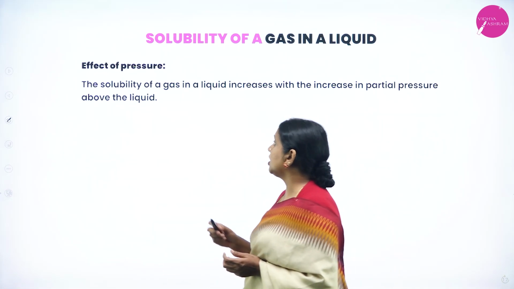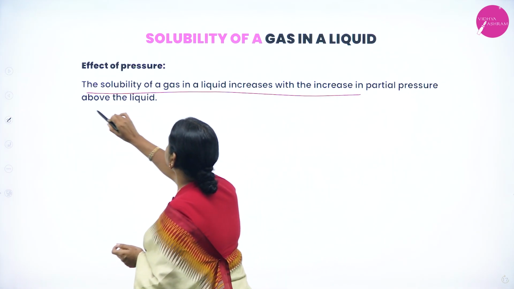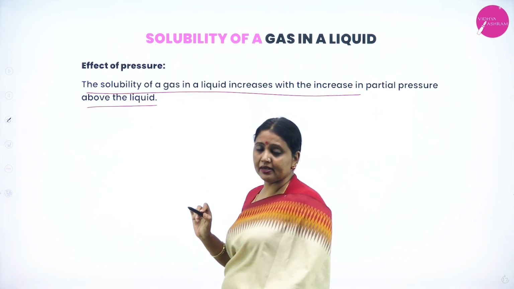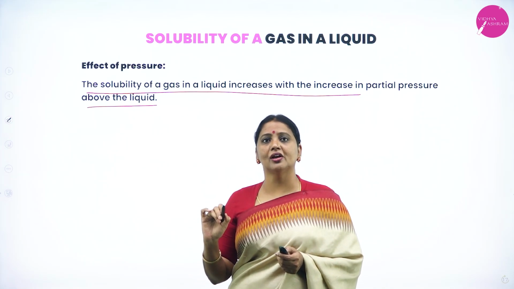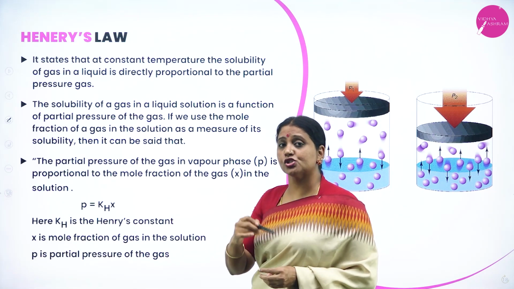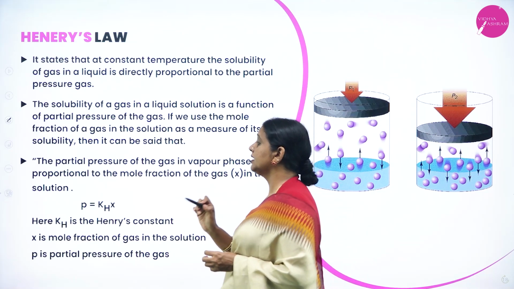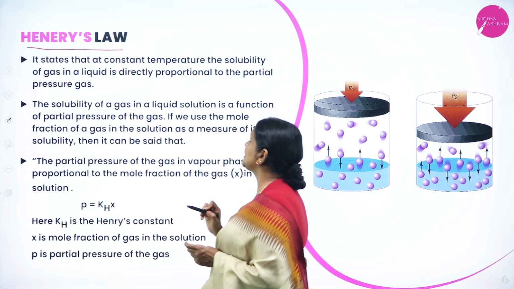Next, the solubility of a gas in liquid increases with increase in pressure. As pressure increases, the solubility also increases. How the pressure and solubility are related can be stated by one law, known as Henry's law.